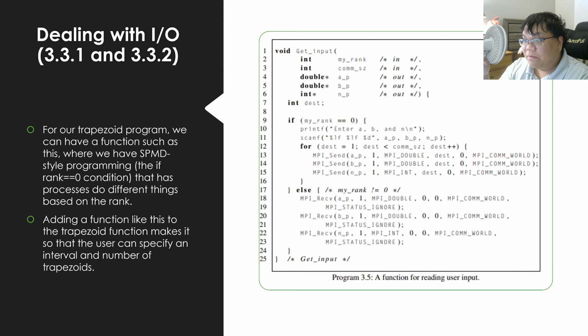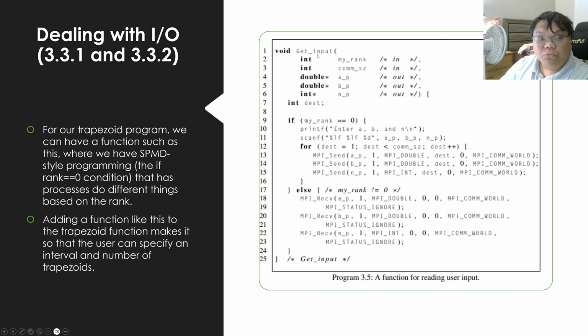In this case, if you pretend we have 4 processes calculating the area under a curve that is partitioned into 1024 trapezoids, 3 processes just have to do calculations. But process 0 has to receive this input for A, B, and N, and then send it to all of the processes, and then calculate its share of 256 trapezoids.